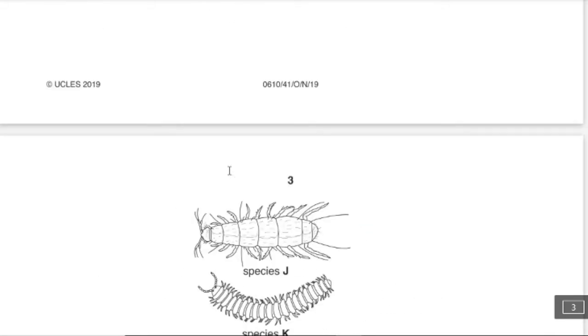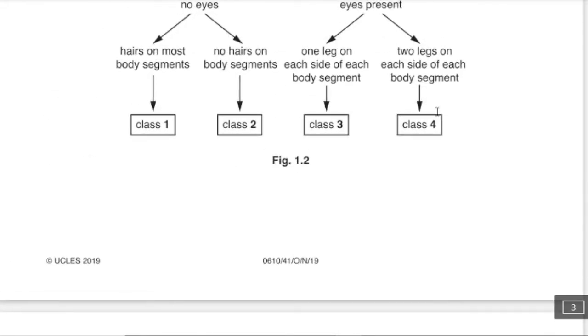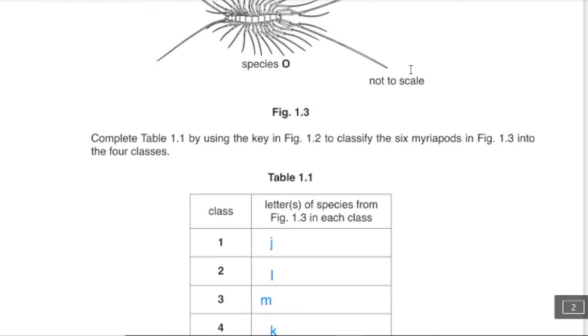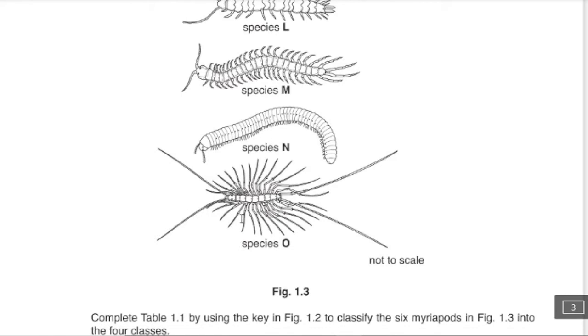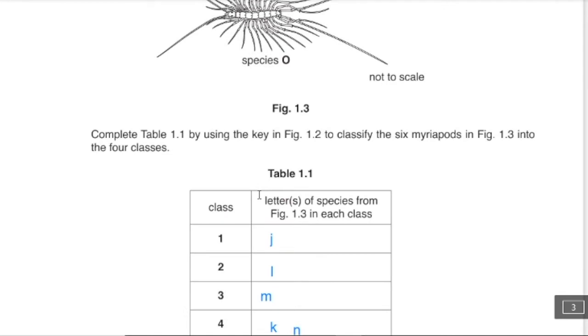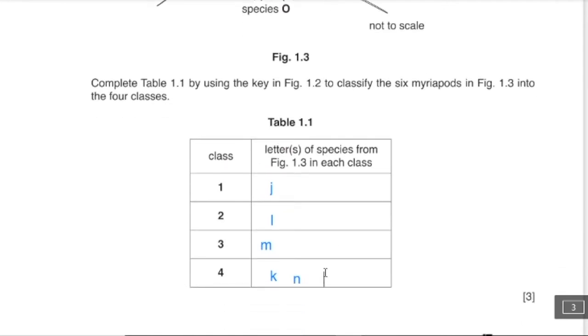So species N is going to be in class 4 with eyes and 2 legs. And the last one is O. It does have eyes, which means it's going to be in either 3 or 4. And it also has two legs on each side of each segment. So it is also going to be in group 4. Alright.